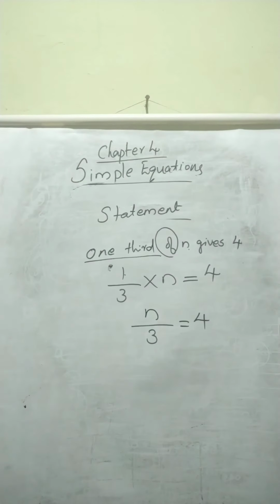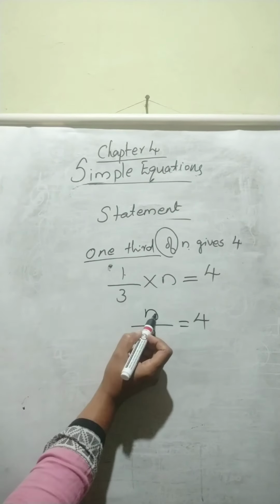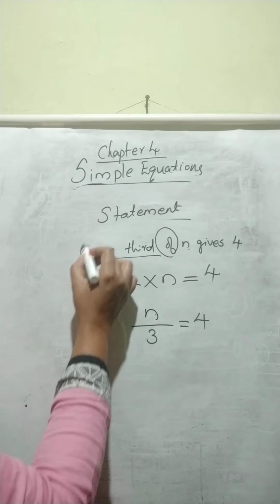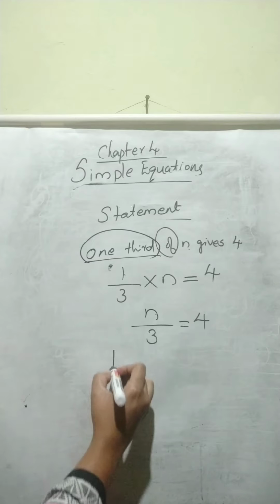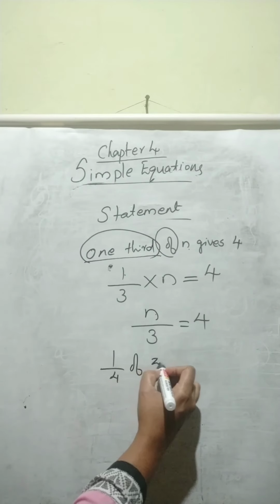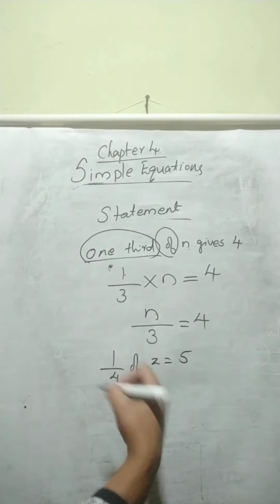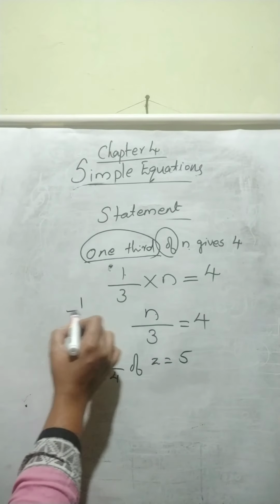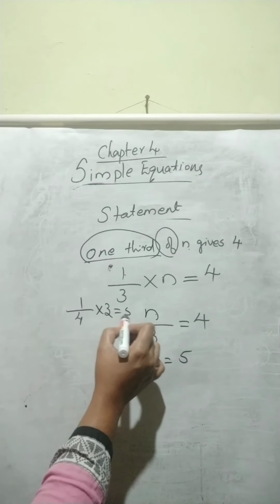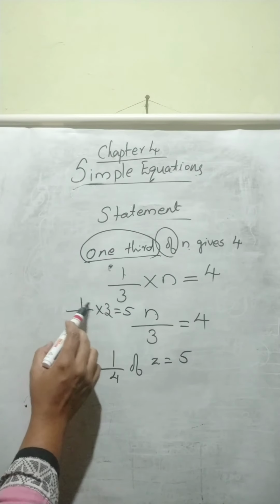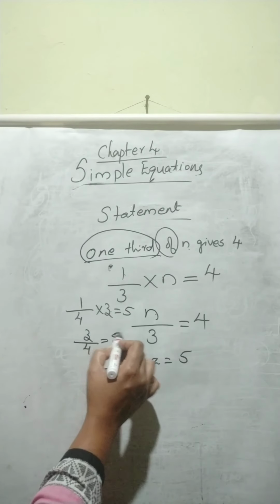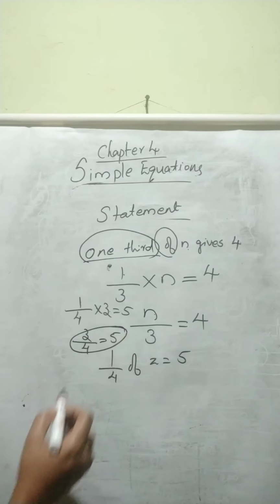Now we can say 1/3 of n gives 4. Then if it is 1/4, how can we write? 1/4 of z gives 5, that is 1/4 of z equal to 5, 1 times z by 4 is equal to 5. So this is the statement.